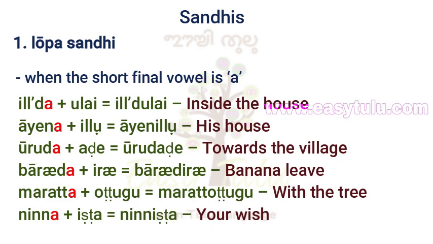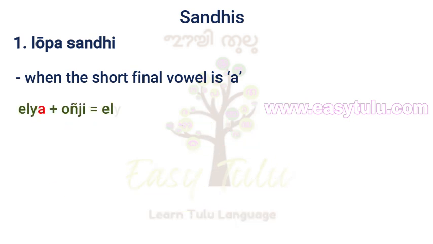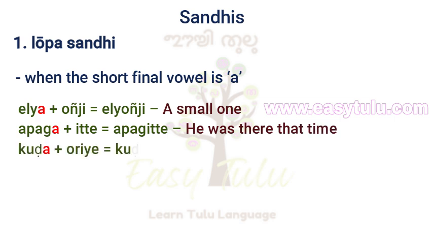Ninna plus ishta, ninnishta, your wish. Elya plus onji, elyonji, a small one. Apaga plus itte, apagitte, he was there at that time. Kuda plus oriye, kudoriye, another person.